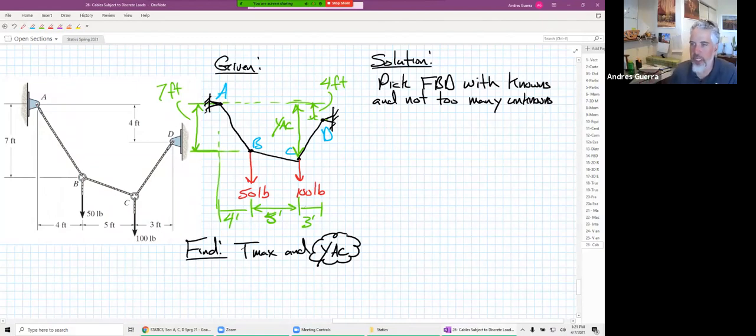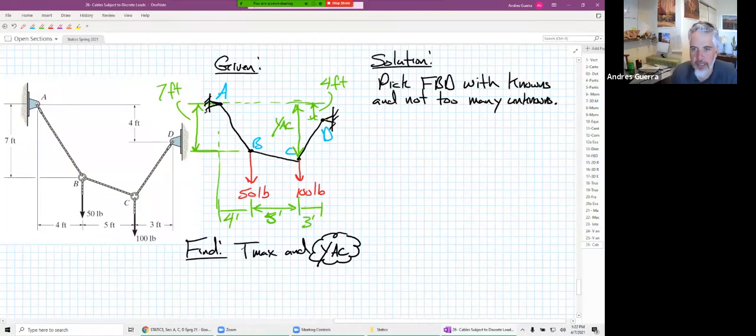And so how do we do that? Well, it's back to the complete enumeration: we could do an FBD of this, we can do an FBD of that. We first need to identify all of our possible FBDs.